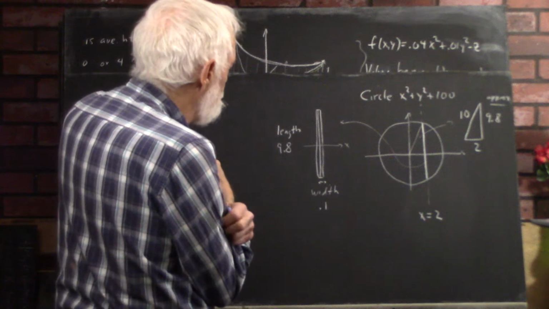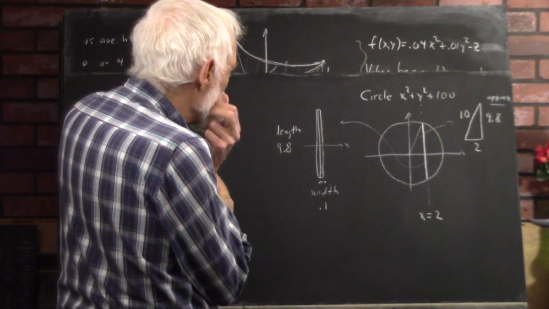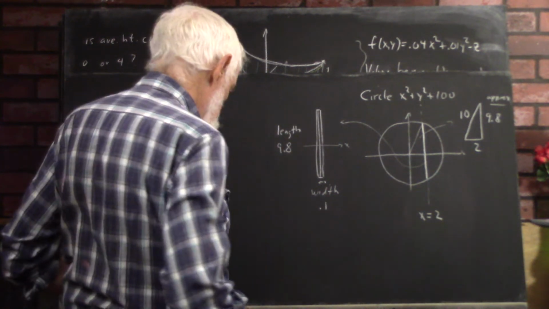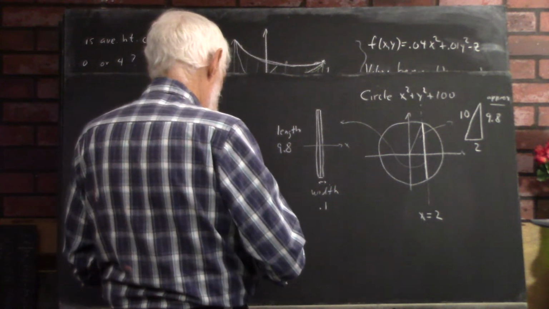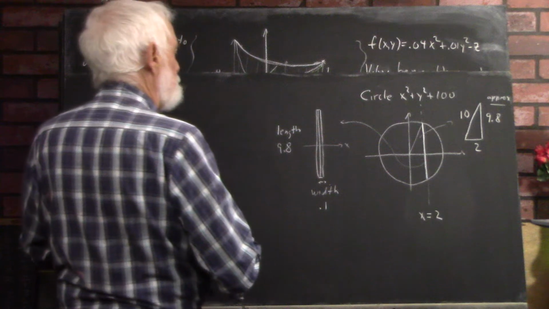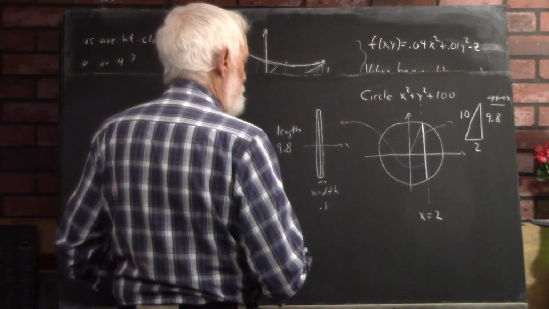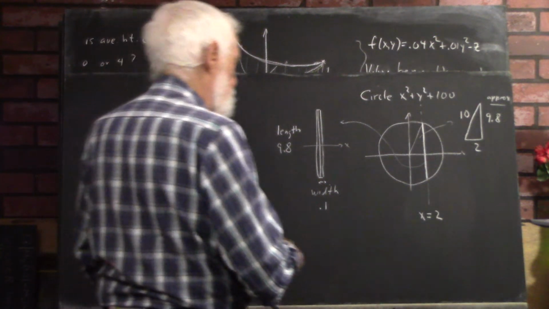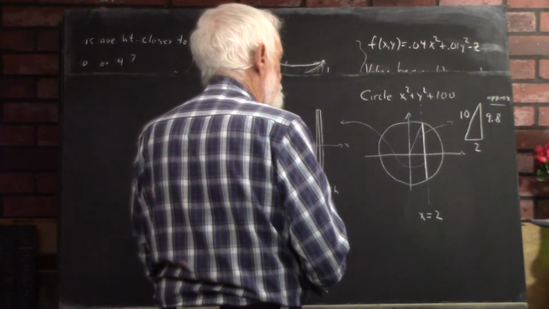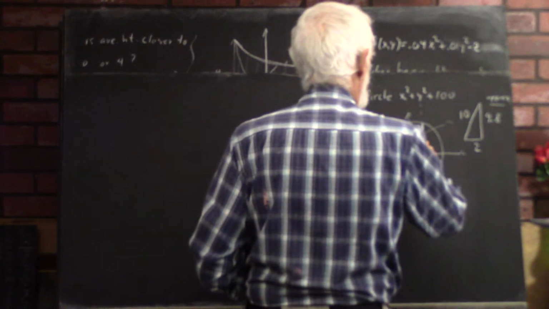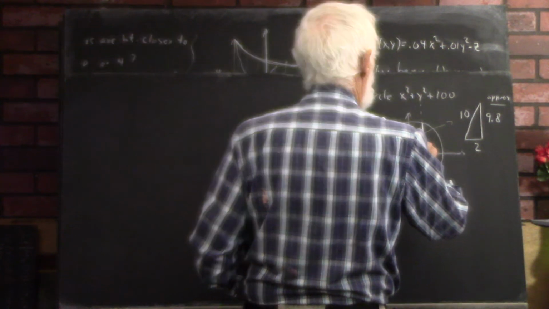Let's say now that I want to take a little section of this thing. Okay, well, let's do this. I'm going to do it on the graph. So I'm going to go up here to y equals 6.